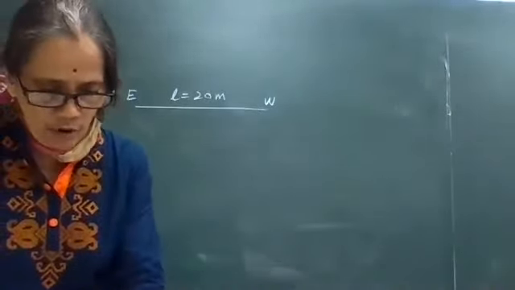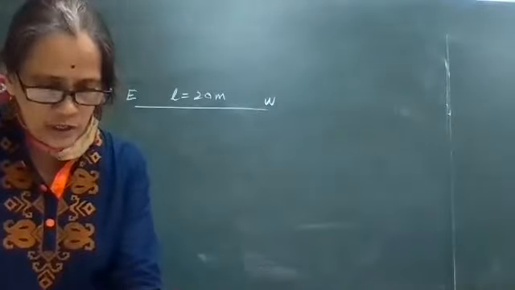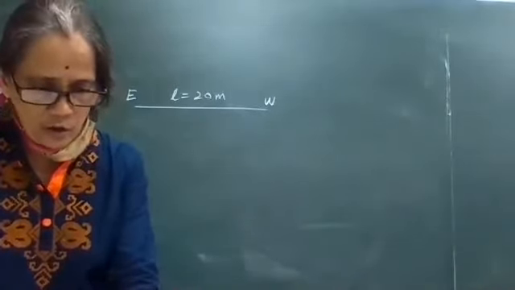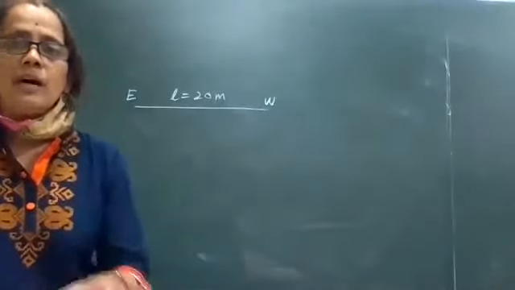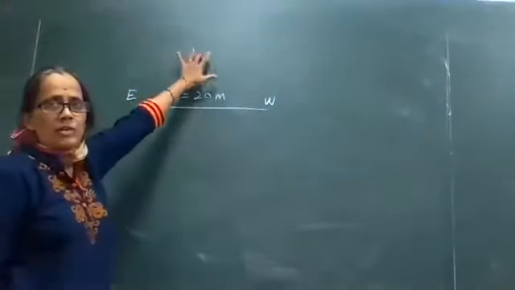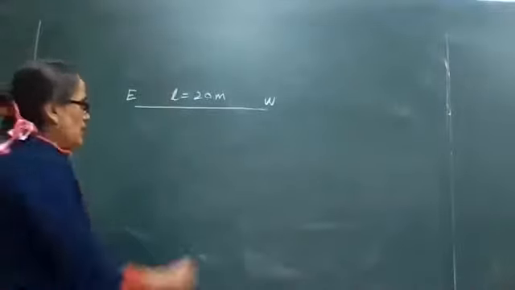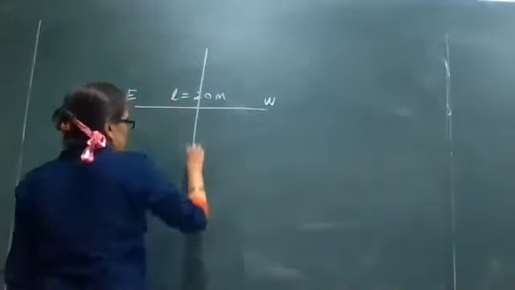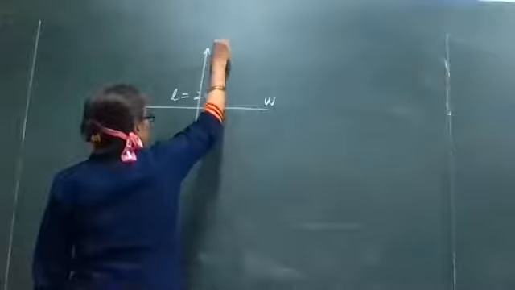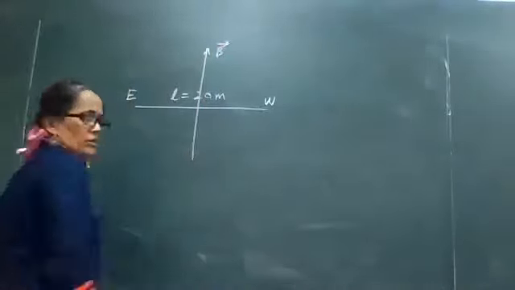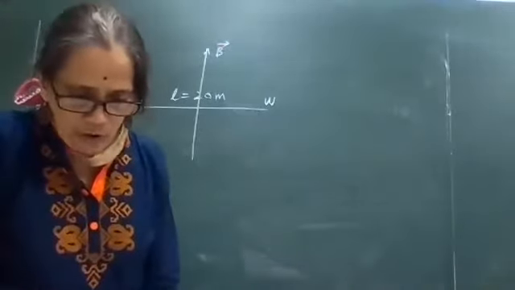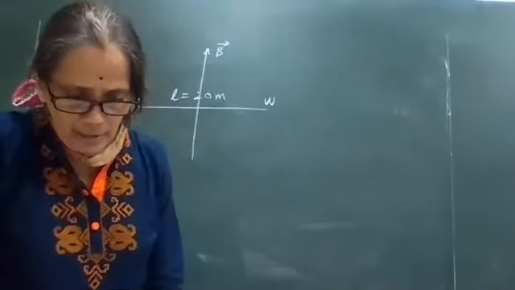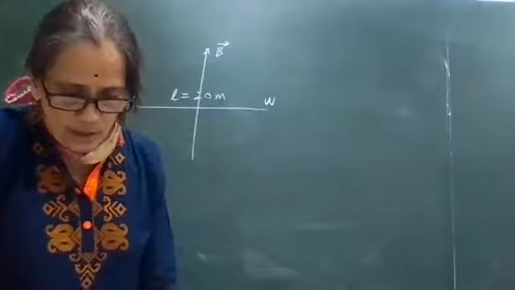It is falling with a velocity of 10 meters per second, normal to the Earth's magnetic field. Whatever Earth's magnetic field is acting on this rod, I can say this is the direction of the magnetic field, which is normal to the rod. And this rod is falling with velocity 10 meters per second, normal to the Earth's magnetic field.